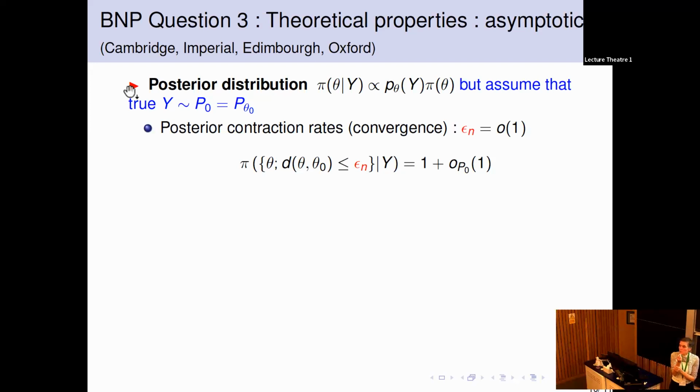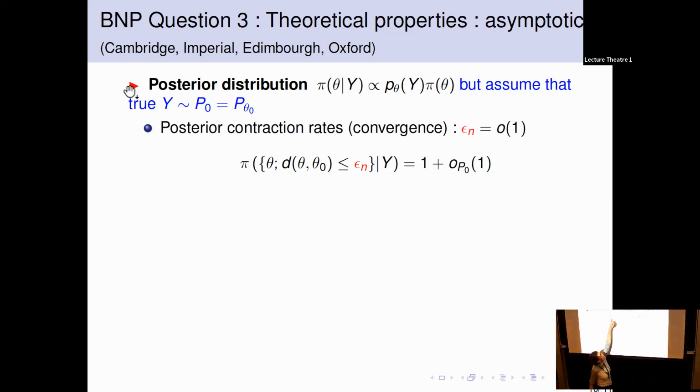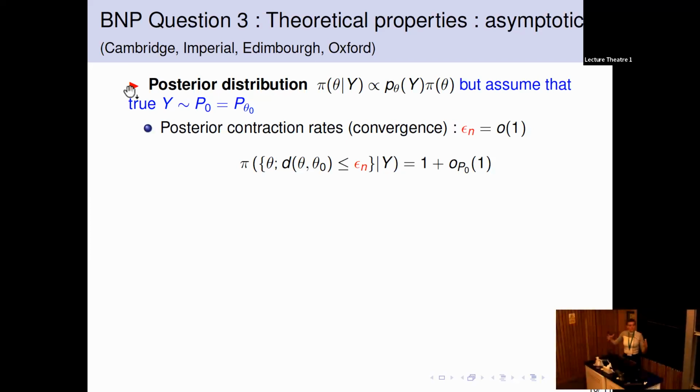Supposing that there is a generative model, am I going to concentrate on this generative model and learn what it is? It's called posterior contraction rates. In other words, you want to learn at which rate your posterior is going to concentrate near theta naught, if you assume that there is a true theta naught in your generative model. So you're looking at a Bayesian object, the posterior distribution, but taking a frequentist way of thinking about it, because you're assuming that there is a true theta naught.